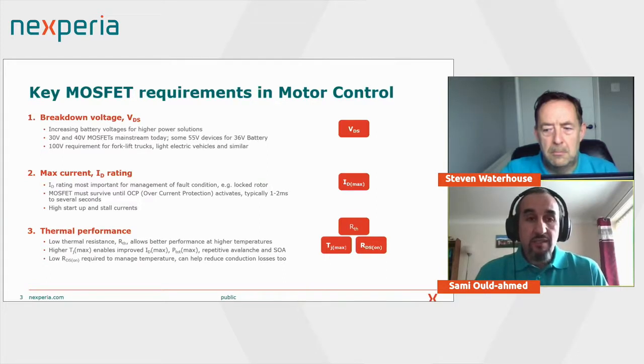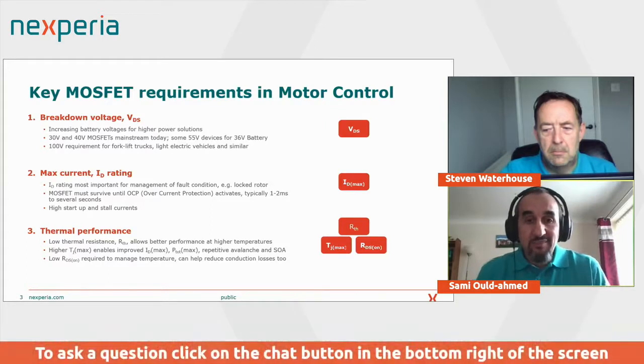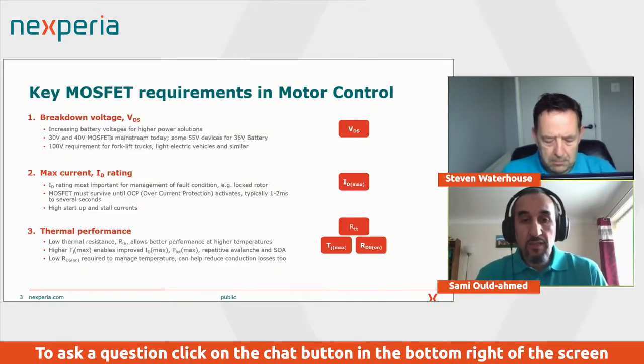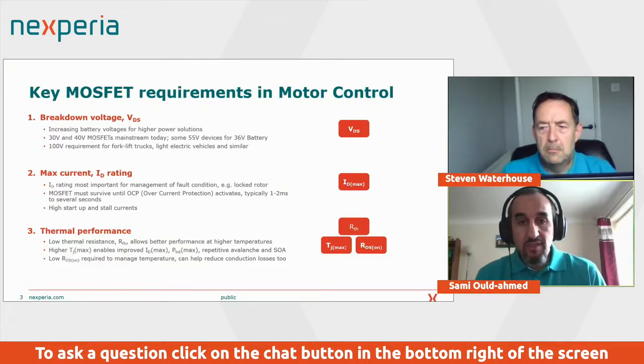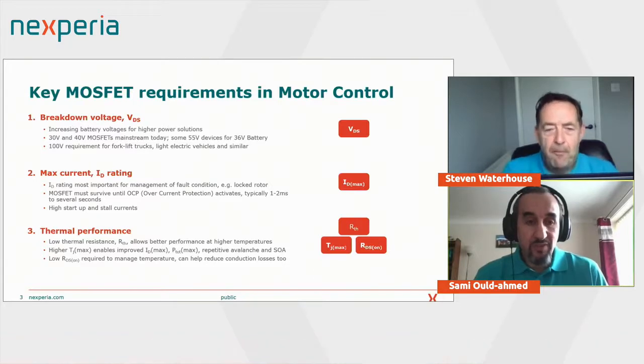Nexperia MOSFETs have gone past those plastic limiting packaging devices, and therefore the maximum current rating of the MOSFET that we provide is actually verified through testing, not just by design, and therefore gives you full access to the full capability. So in the situations where there's a locked current or the startup, where you need the MOSFET the most, giving you the higher current, the LFPAK does provide you with that capability.